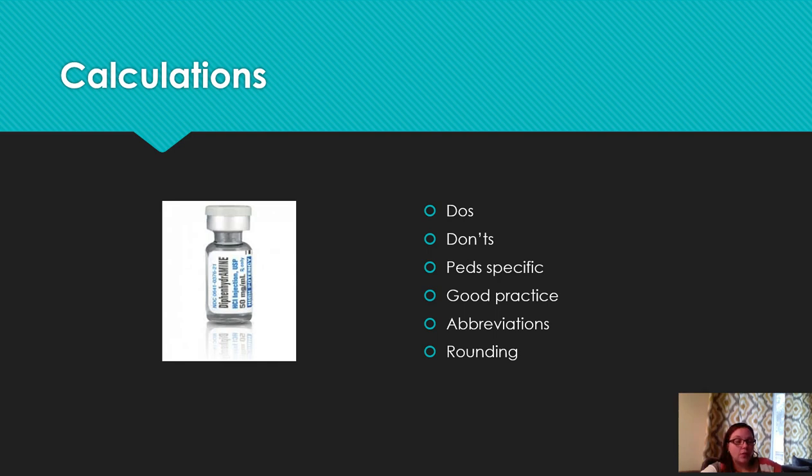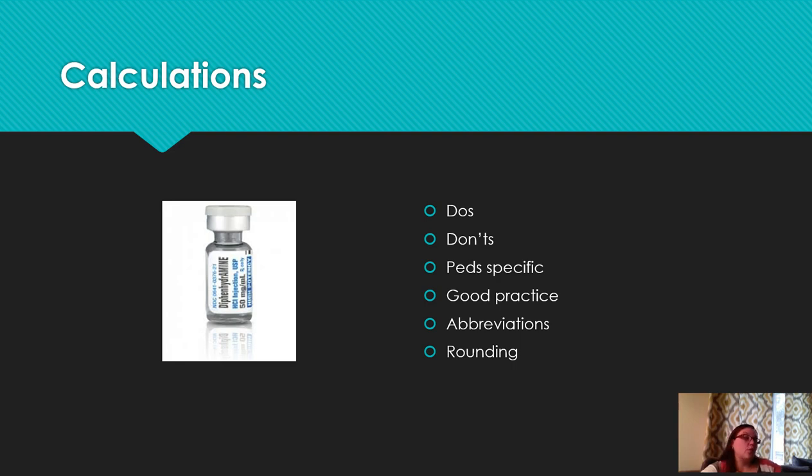So, using your regular, without even thinking about peds, good math practices, good labeling practices, using approved abbreviations only. So, HR for hour versus, and I can't even think of things that aren't approved because I don't use them very often, or see them very often even.